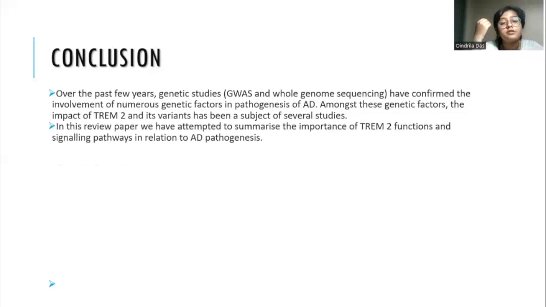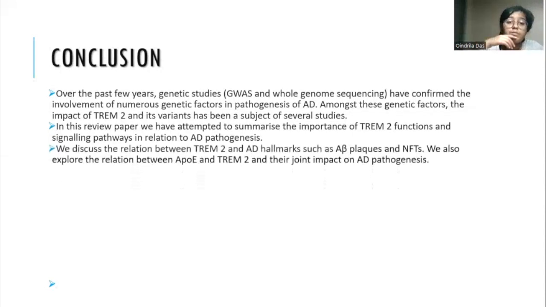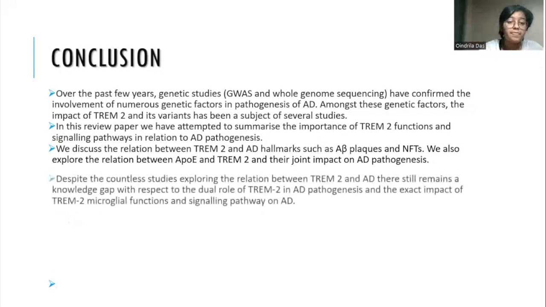In this project, my mentor and I have attempted to summarize the importance of TREM2 functions and signaling pathways in relation to Alzheimer's pathogenesis. We also discussed the relation of the TREM2 signaling pathway and AD hallmarks, and explored the relation between ApoE and TREM2 and the joint impact on Alzheimer's pathogenesis.